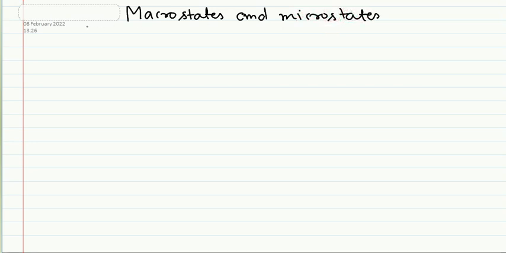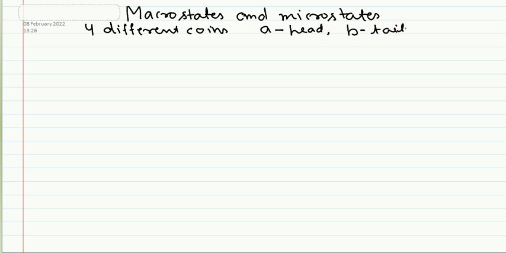I am taking the same example, that is, we have 4 different coins, and if we toss them and get a head, it is termed as A, and if we get a tail, it is termed as B. So how many combinations are possible for these 4 different coins? We have done this exercise for 3 coins. Now I am writing for 4 coins, and then you can understand more clearly the meaning of the macrostates and the microstates. So let us write all these combinations.